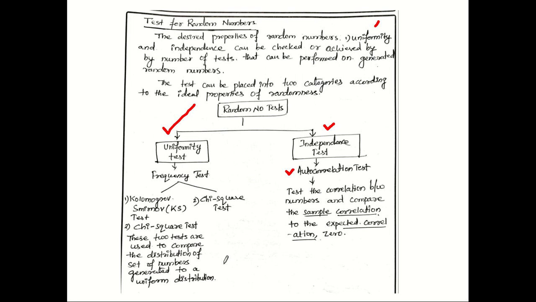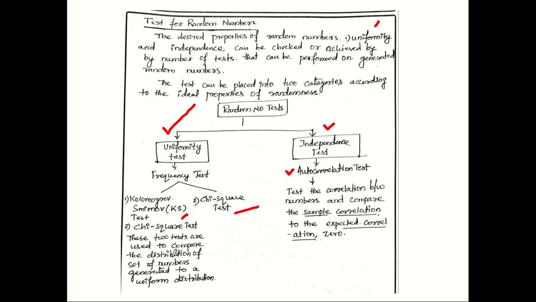First we'll see the frequency tests. We have two frequency tests which we will discuss in this video: the Kolmogorov-Smirnov test, also called the KS test, and the chi-square test.